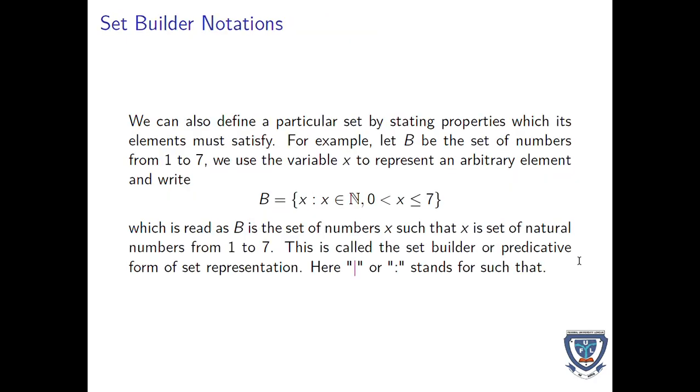We can also define a particular set by stating properties which its elements must satisfy. For example, let B be the set of numbers from 1 to 7. We use the variable x to represent an arbitrary element and write B equals x such that x is a natural number ranging from 1 to 7.